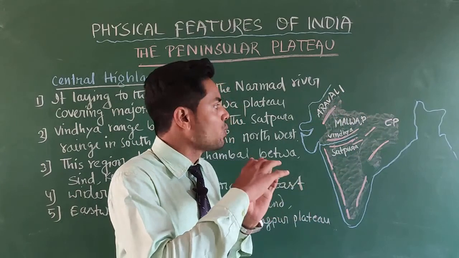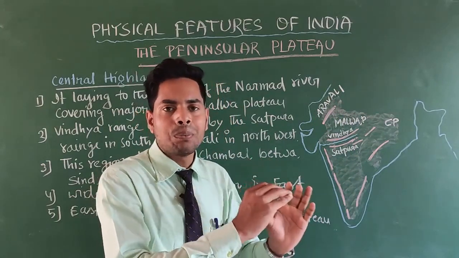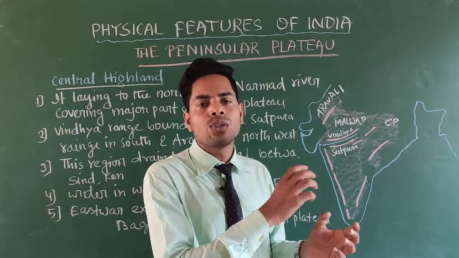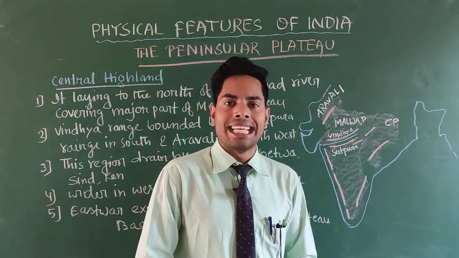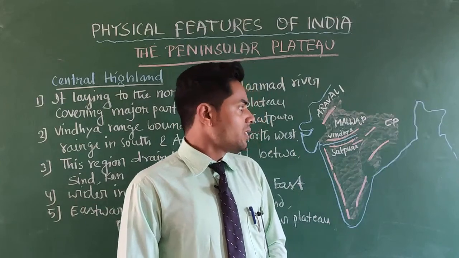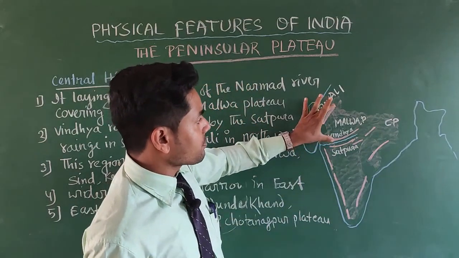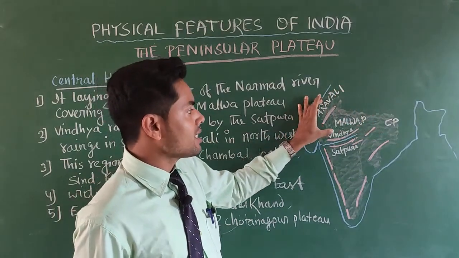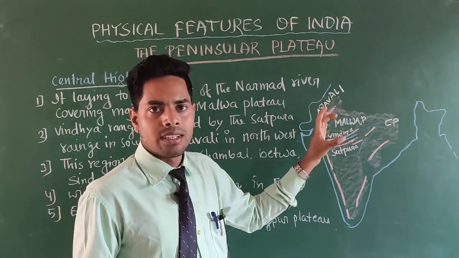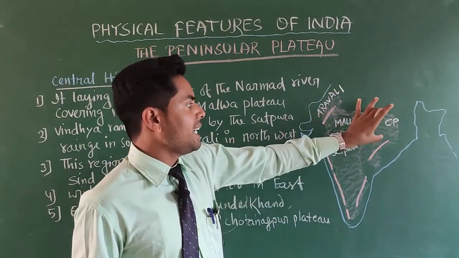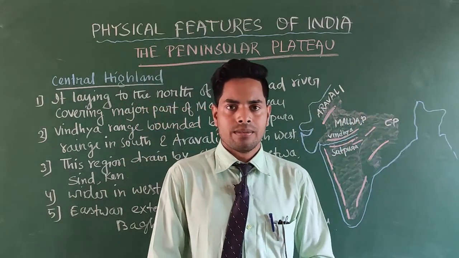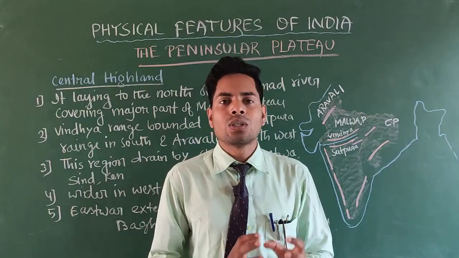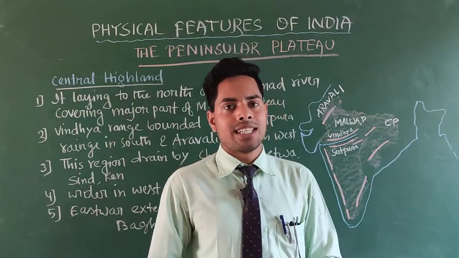That means the slope of the Central Highland is from southwest to northeast. If you see the width of the Central Highland, in the west it is broad, and in the east it is narrow.